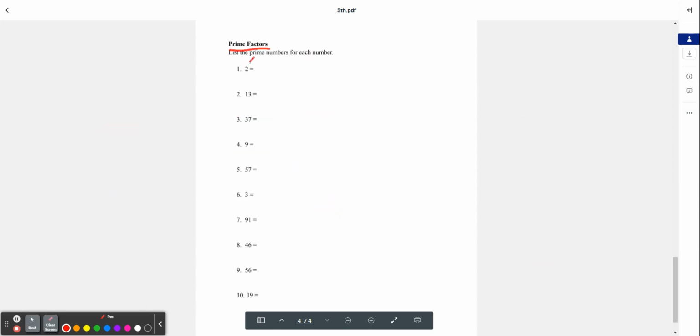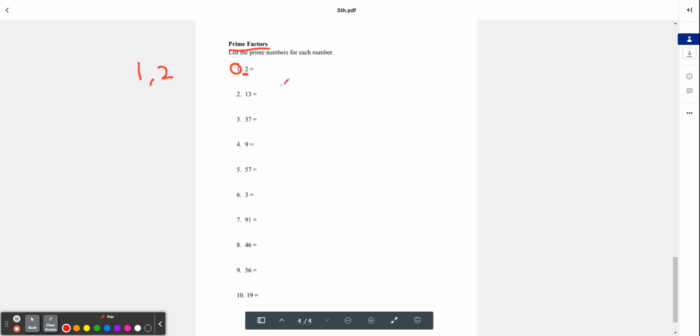Prime factors. So we're going to figure out if the number is a prime number or not. A number is a prime number if its only factors are 1 and the number itself. So for example, number 1, 2. The factors of 2 are 1 and 2.